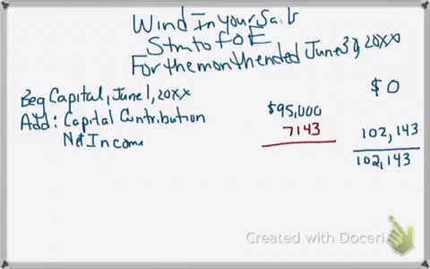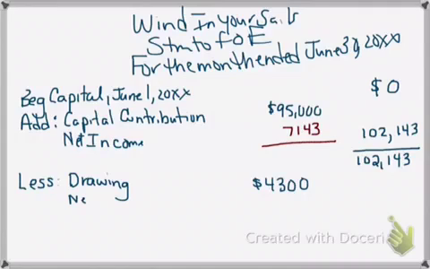I would add the beginning balance to these amounts, and I have $102,143. I then will do a less. Now less is going to be the drawing account, and I get that directly off that adjusted trial balance, and that is at $4,300. If I had a net loss, it would go here. I don't have a net loss, so I don't have to worry about that.